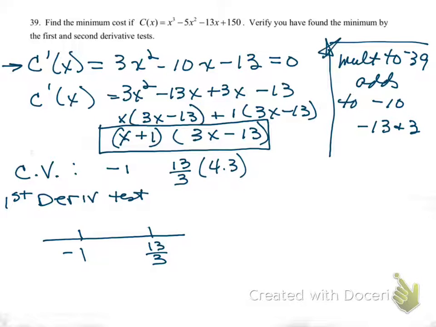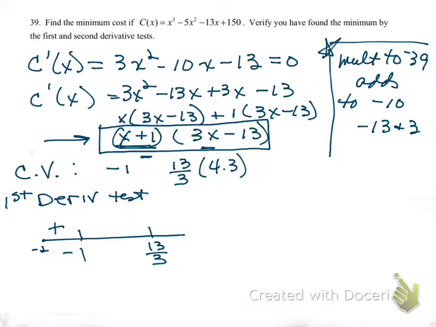I'm going to focus my attention on these factors. If I pick a number to the left of -1, let's say -2, and plug in -2 here, I get a negative, and here I get another negative. A negative times a negative is a positive, so I put a positive there.